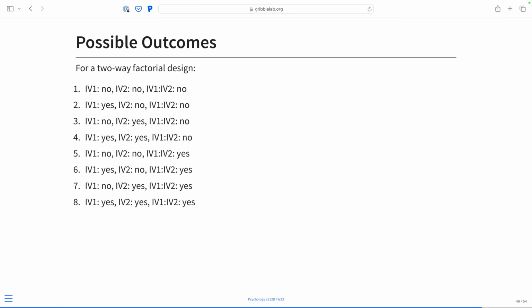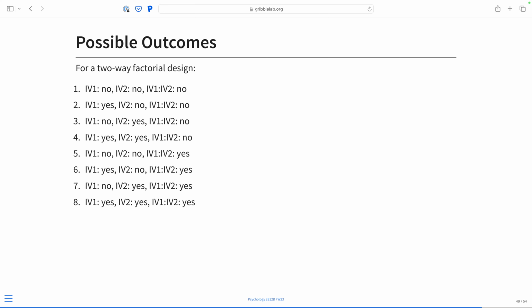So in a two-way factorial design where you have two factors, independent variable 1 and independent variable 2, and you're testing the main effect of independent variable 1, the main effect of independent variable 2, and the interaction effect of independent variable 1 by independent variable 2, then there's actually 8 different possible outcomes for your two-way factorial design.